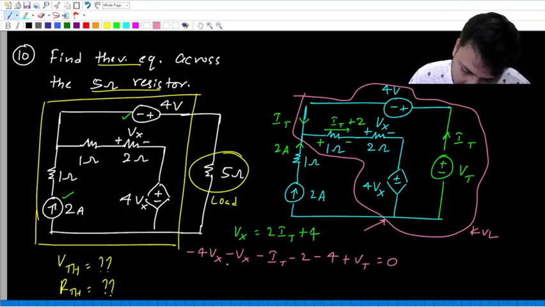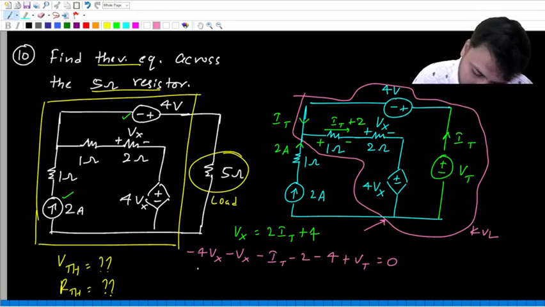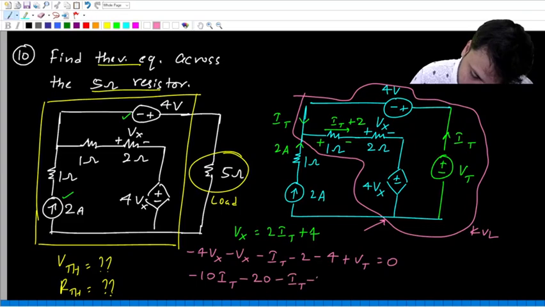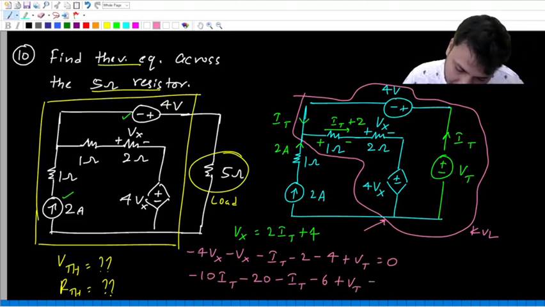So the first two terms add up as minus 5 Vx, and Vx is this. So this will be minus 5 times 2 IT, which is minus 10 IT, and then minus 5 times 4, which is minus 20, minus IT, minus 2 minus 4, which I'll write as minus 6, and then plus Vt equal to 0.